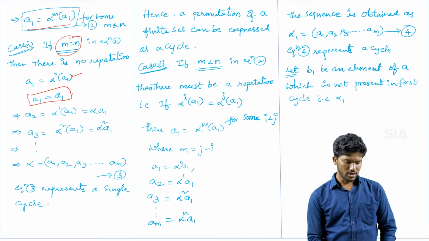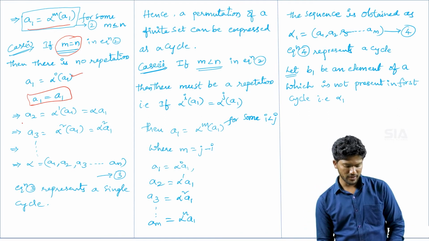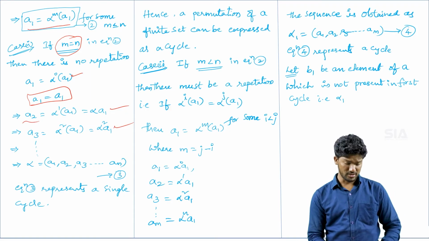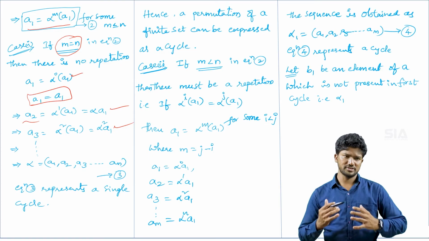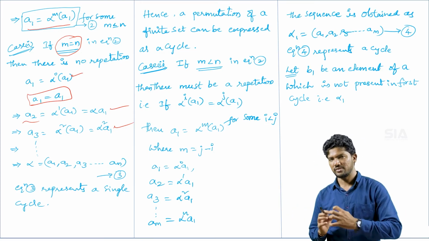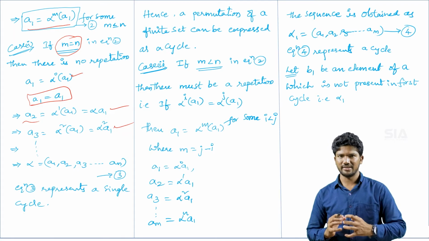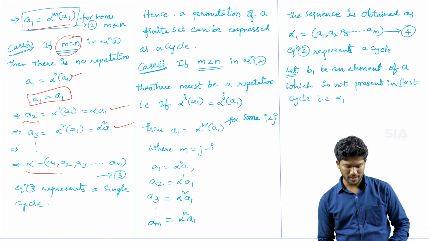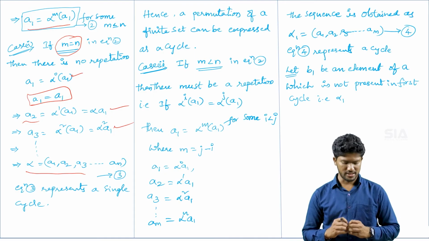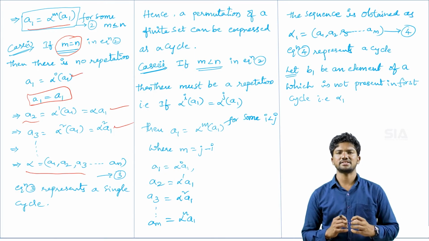So therefore, you can write A1 is equal to A2. Next for A2 you can write alpha of A1. A3 is equal to alpha square of A1. Until up to so on, if you proceed in this format, you will get the finite sequence of alphas in terms of A1, A2 up to so on. So that sequence here I am writing in this format. Alpha is equal to A1, A2, A3 up to so on A suffix n. Simply we are taking it as an equation number 3.